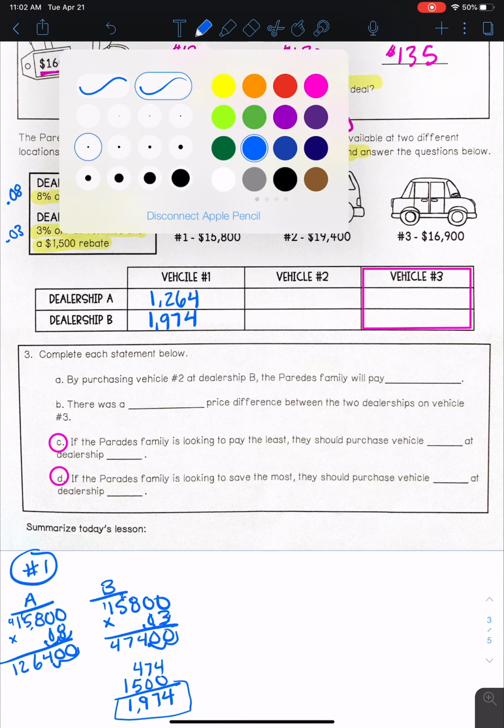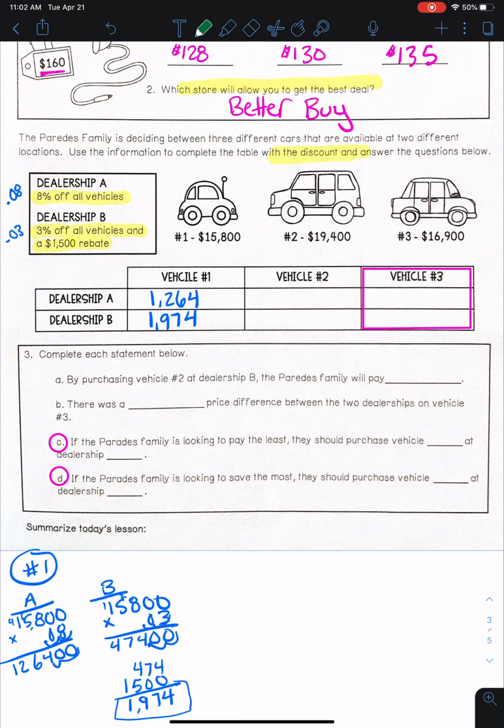All right, vehicle 2, let's use green. Vehicle 2 is worth $19,400, and dealership A is giving me 8% off, so I multiply by 0.08. 8 times 9 is 72, plus 3 is 75.